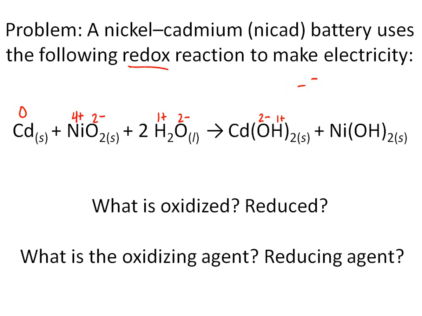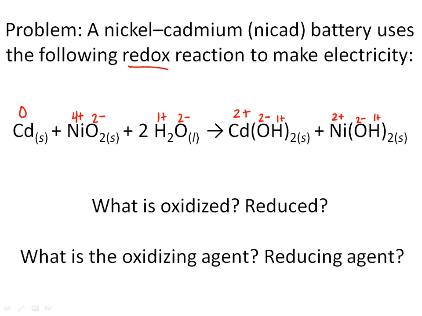So that makes sense. All right, here's where we need to be careful. We've got 2 of the hydroxides. Each hydroxide has an overall charge of minus 1, and so the cadmium in this case must be 2 plus. Finally, if we assume that the hydroxide is the same over here, then the nickel must also go to 2 plus.